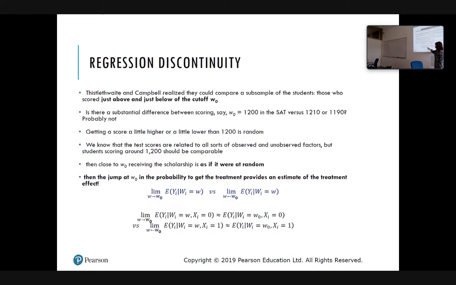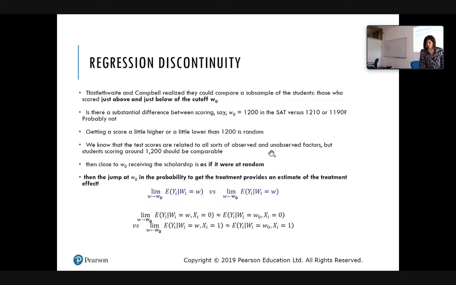So if this is the case, and this is the condition to apply regression discontinuity, then we can use the conditional mean of Y at the threshold for those who are not treated with respect to those who are treated.